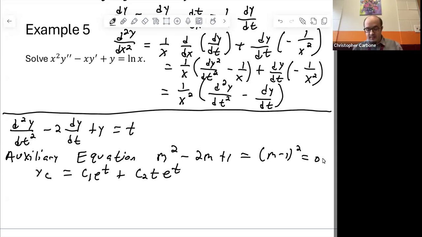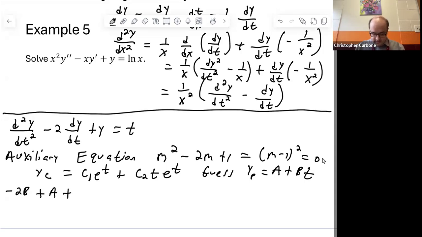And we're going to apply undetermined coefficients for us to actually find a particular solution, which means we're going to guess y sub p to be in the form of a plus b times t. So in doing this, when applying this into the differential equation, we would get negative 2b plus a plus bt would be equal to t.